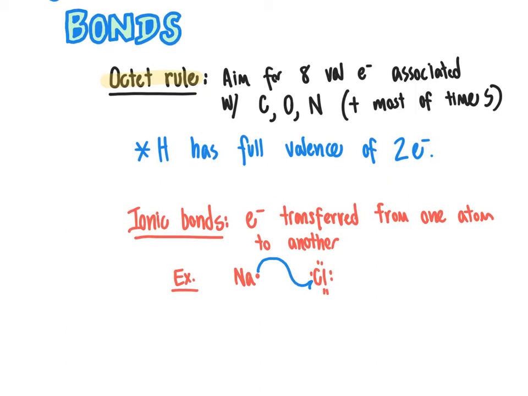And the end point, that is the arrowhead right here, that single arrowhead denotes that that electron is moving over to become associated with the chlorine atom. And so as a result, that 1 valence electron that was in the outer shell of sodium is now associated with chlorine. The sodium, then, since it's lost that electron, would have a +1 charge. And the chlorine, since it has gained that electron, would end up having a -1 formal charge.